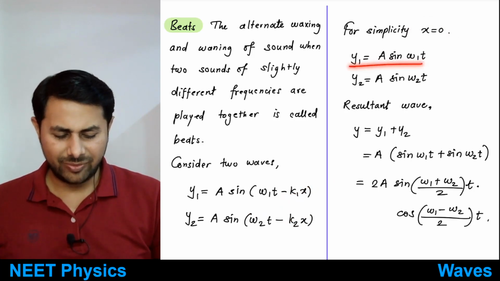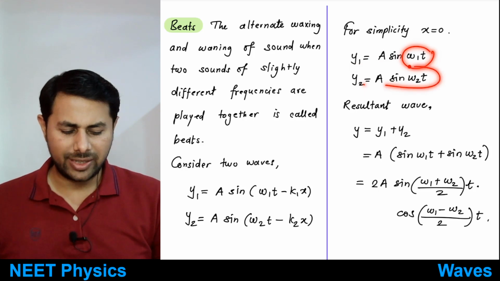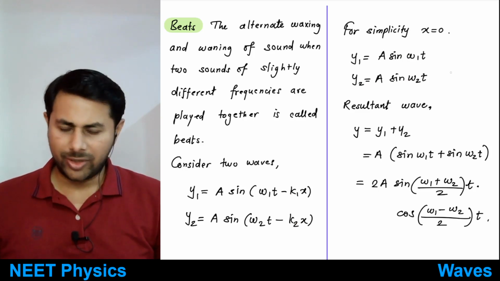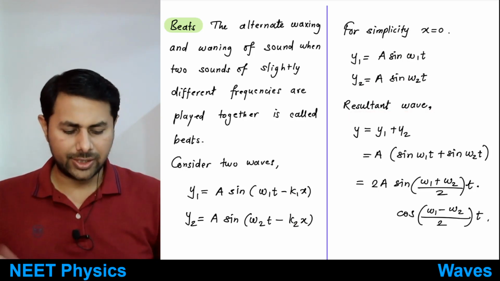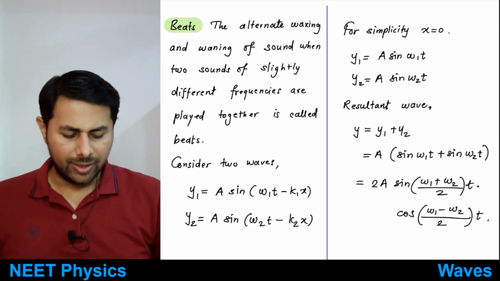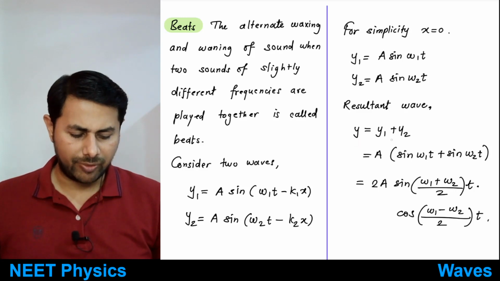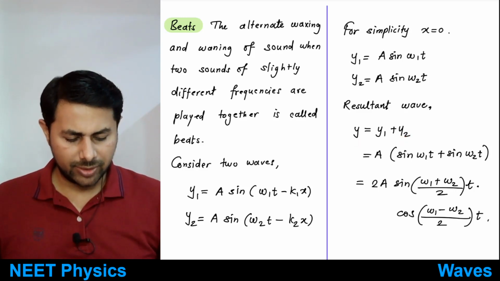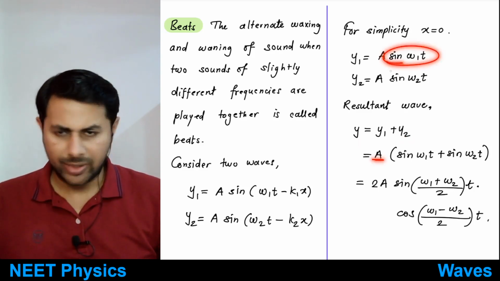Then y1 is equal to a sin(omega1 t), y2 is equal to a sin(omega2 t), because x is equal to 0. So now the resultant wave at that point will have oscillations given by y1 plus y2, the sum of the two displacements, and that is equal to, you can take a common, right?